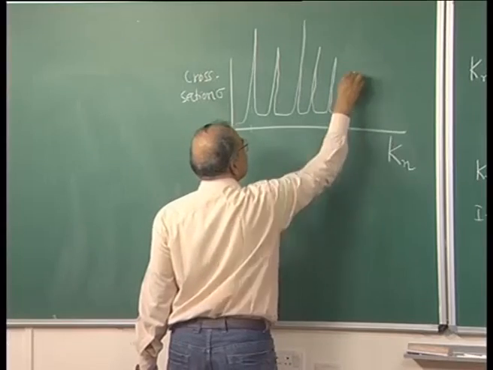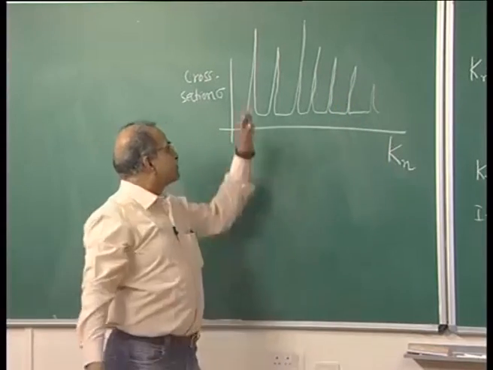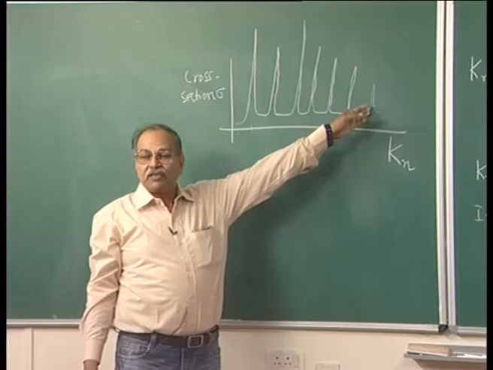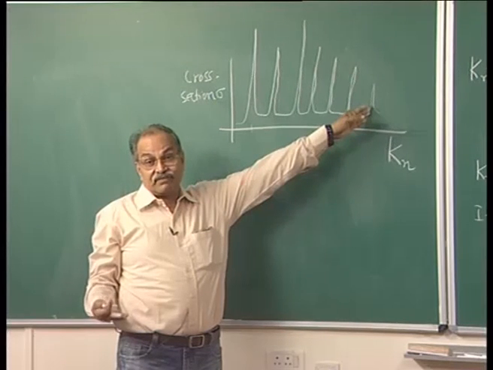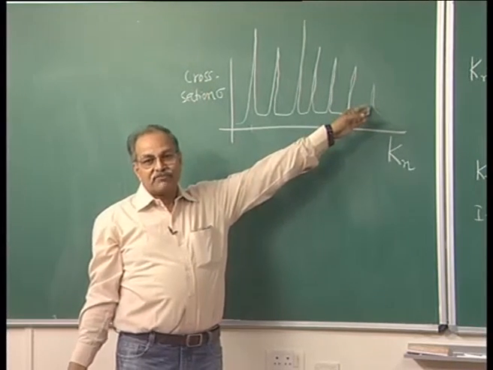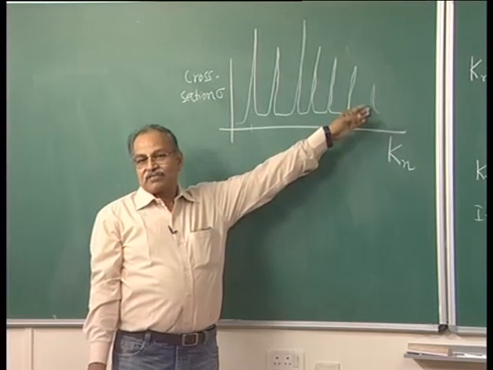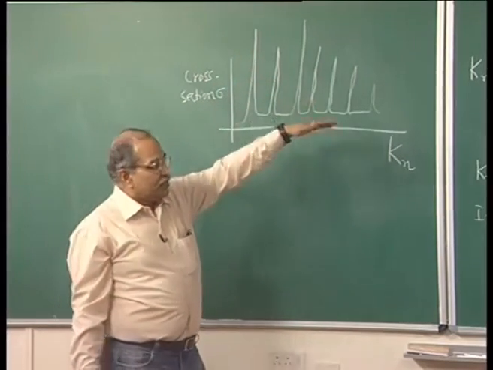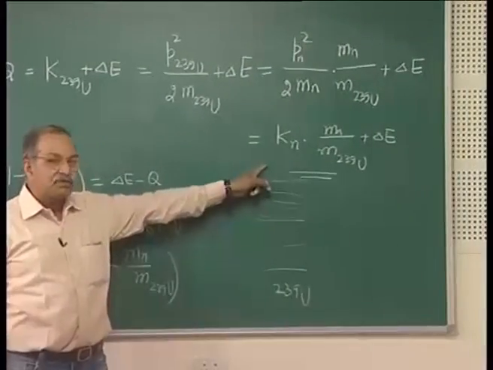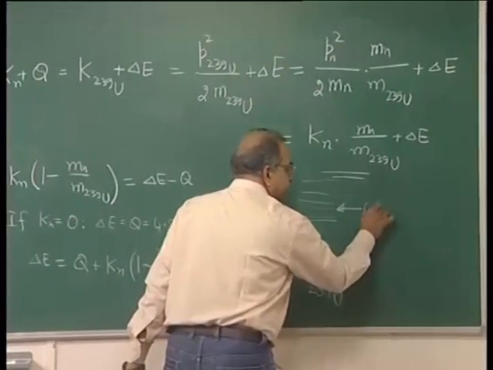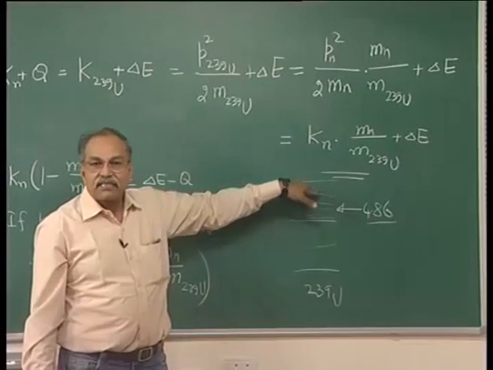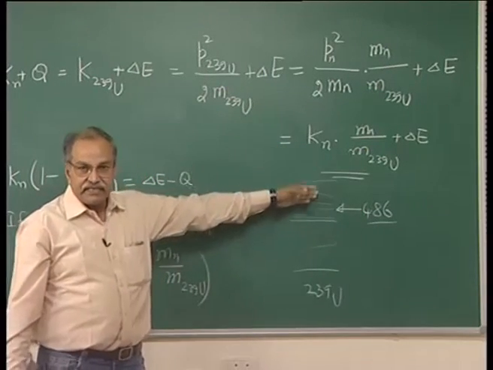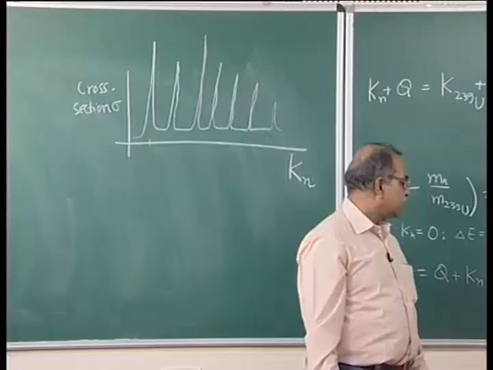What do these peaks correspond to? These peaks correspond to energy levels of uranium 239 beyond 4.86 MeV. There may be levels below that, but they will not be populated by these neutrons, because even if the neutron kinetic energy is 0, the delta E is 4.86 MeV. So, depending on where those levels are beyond that 4.86 mark, and they are discrete, there are certain discrete values of delta E coming from this energy level scheme of uranium 239.